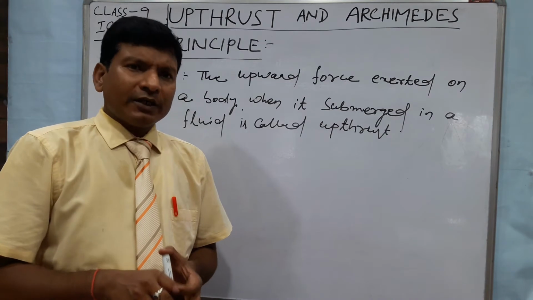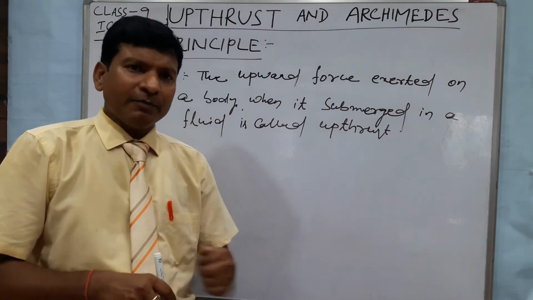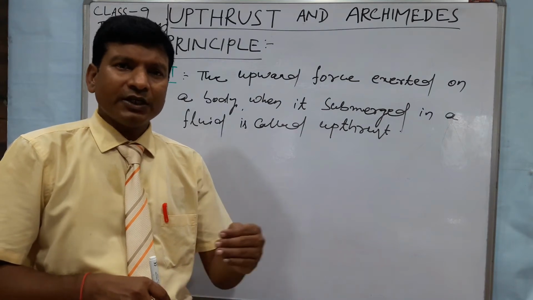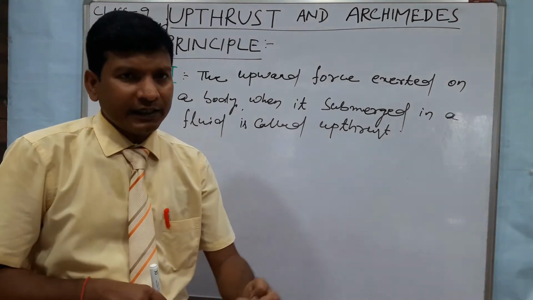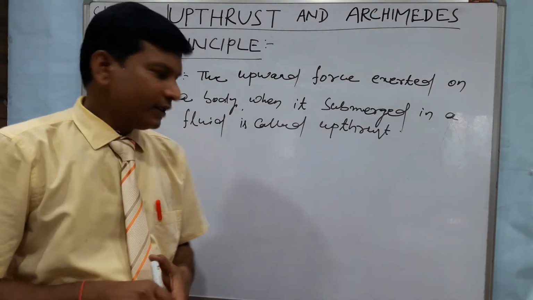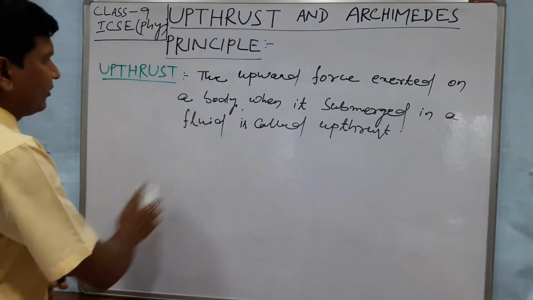Can you tell me what is the condition for a floating body, or what is the condition for a sinking body? Meaning, in which condition will the body sink and in which condition will the body float? Now see this example.